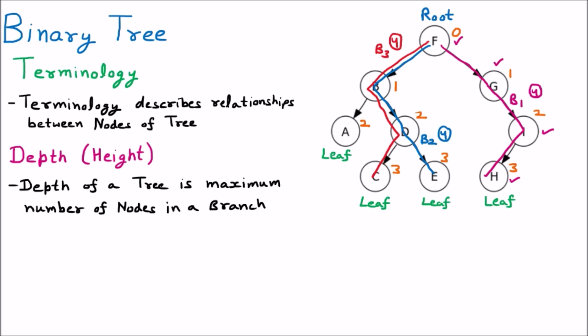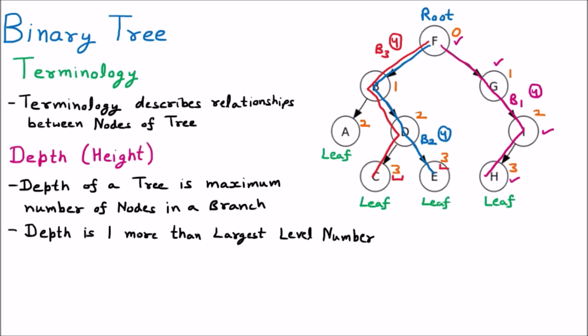We have one more, direct formula for finding the depth: depth is one more than the largest level of the tree. We have already calculated the level numbers. The last level here is 3, because above that we have 2, 1 and 0. So the largest level number of the tree is 3, and the depth is equal to the largest level number plus 1.